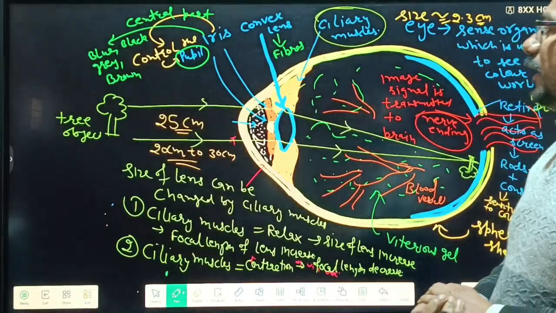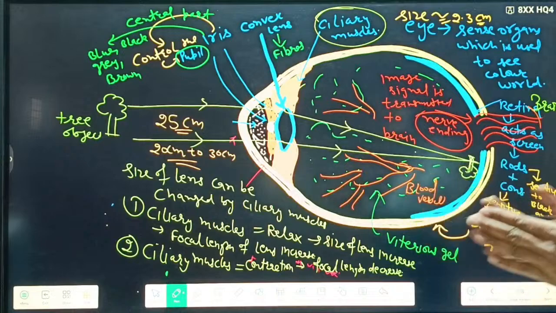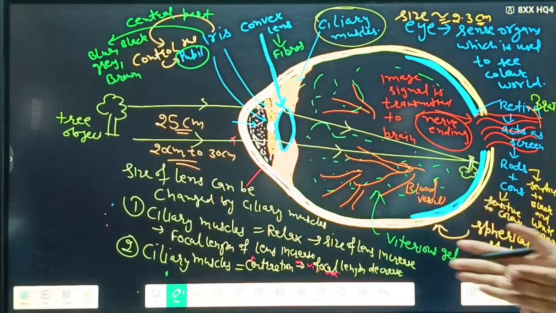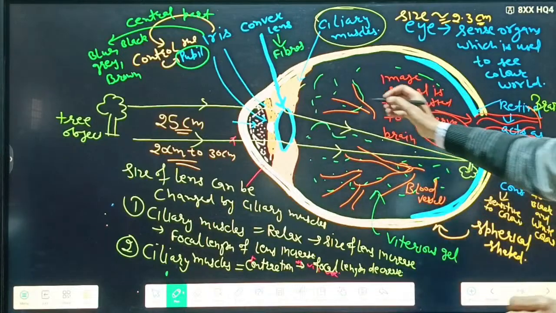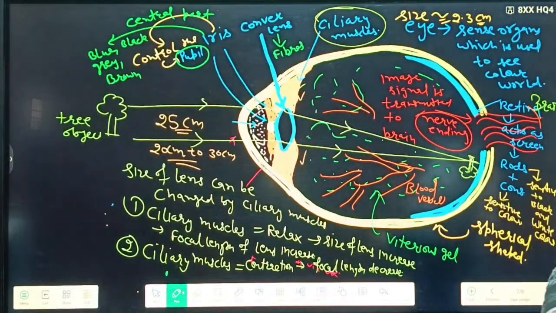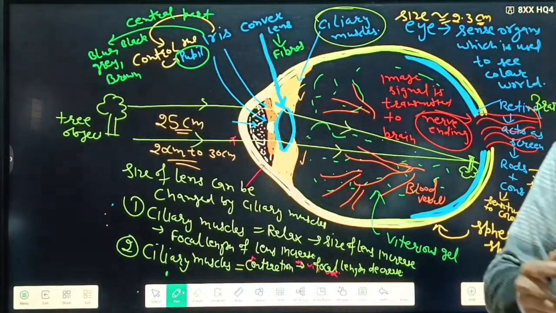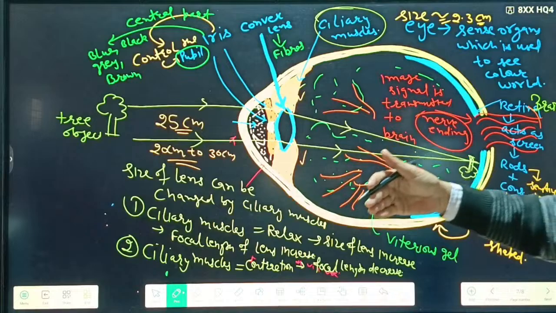And second, when we decrease the distance to less than 25 centimeter, the pressure on the eyes is increased. Pressure on the eyes increased means pressure on the ciliary muscles is increased. So there are chances of damage to the ciliary muscle. So we maintain at least 25 centimeter distance from the object.